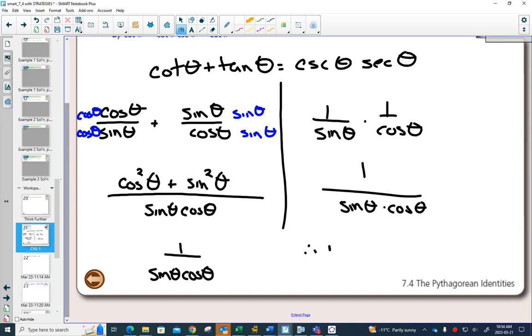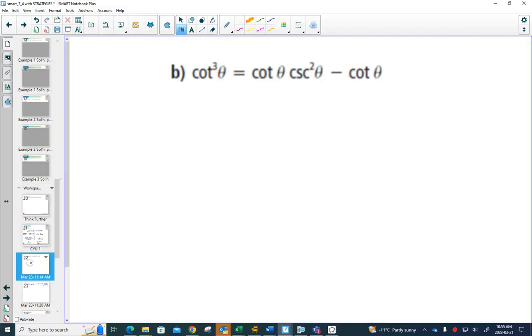Write our statement: left side equals right side. And we're done. The second one.